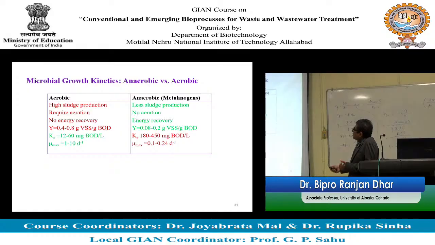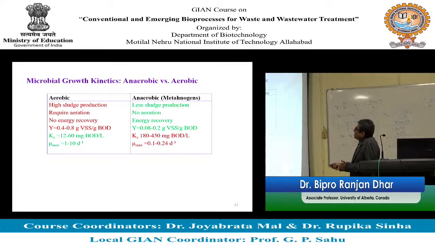In the aerobic process, we don't recover any energy because organics are converted to carbon dioxide and water. But in the anaerobic process, we produce biogas, which can be utilized as renewable energy. Yield is higher in the aerobic process, more sludge. The anaerobic process has less sludge.